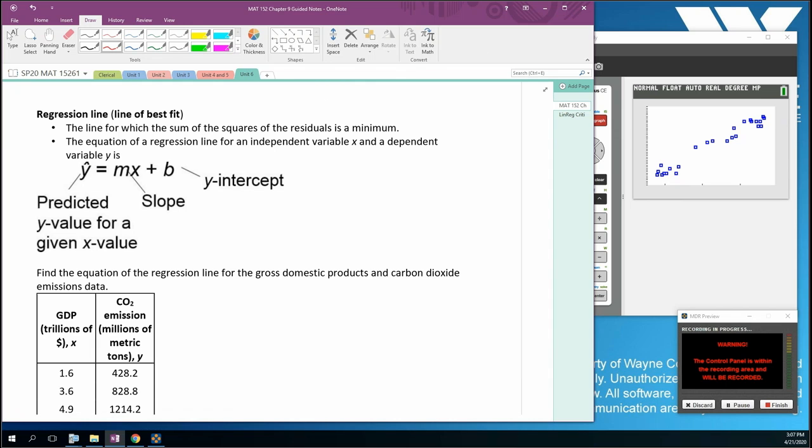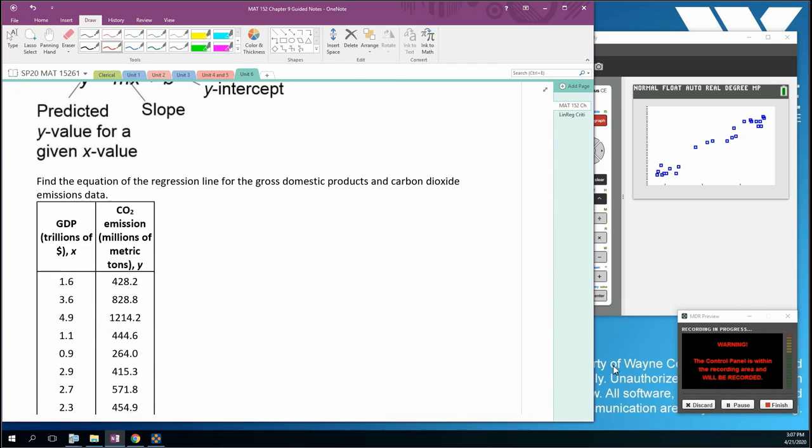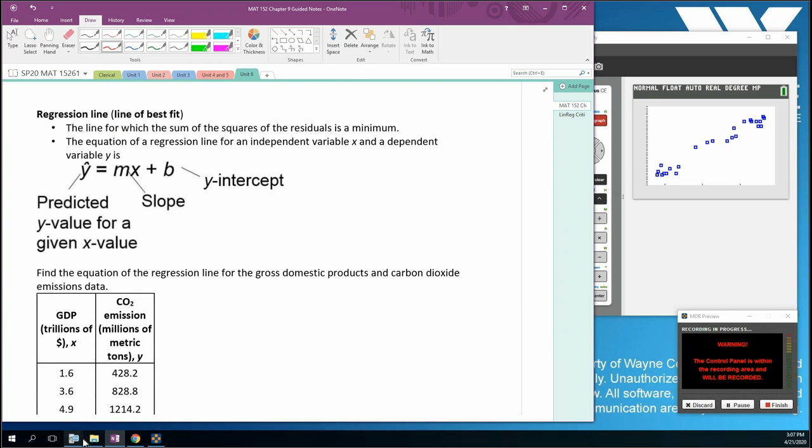Y hat is the predicted y value for a given x value, m is the slope, and b is the y-intercept. The nice thing is, your calculator will do the linear regression for you.